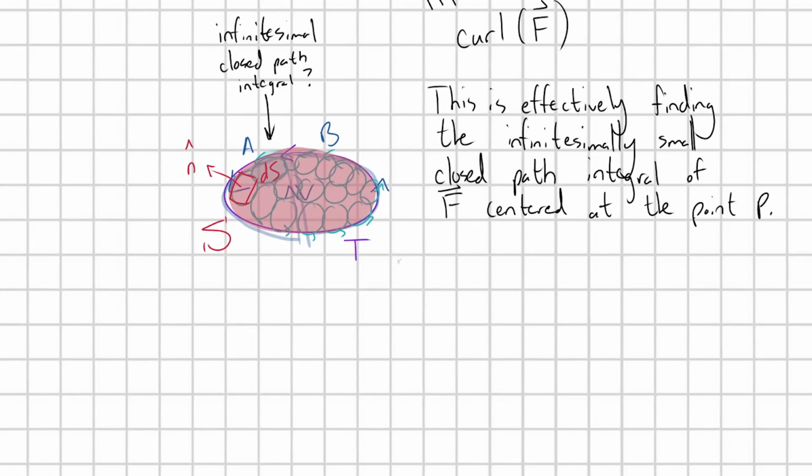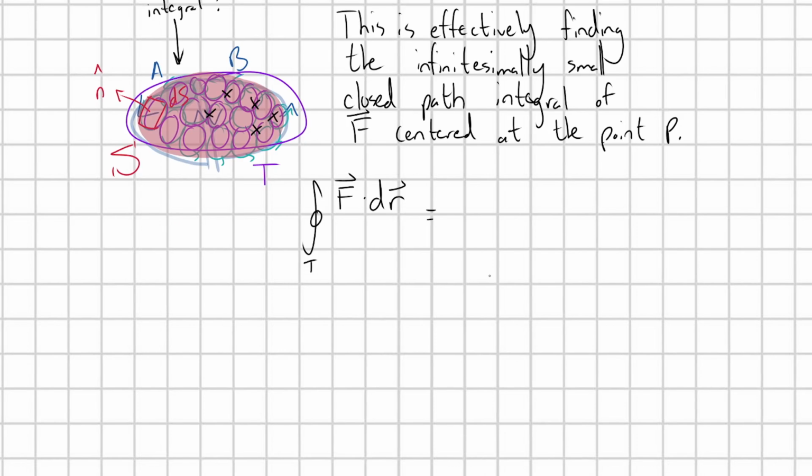So if I want to evaluate the closed loop integral along my total path T, then I can simply add together, which is effectively taking a surface integral along my surface S, all of the little infinitesimally small closed path integrals on the surface S, which you get by taking the curl of your field F dotted with your little dS in the normal direction vectors.